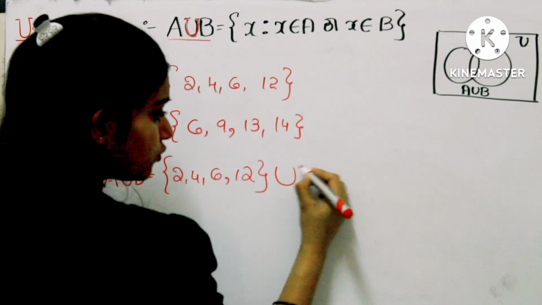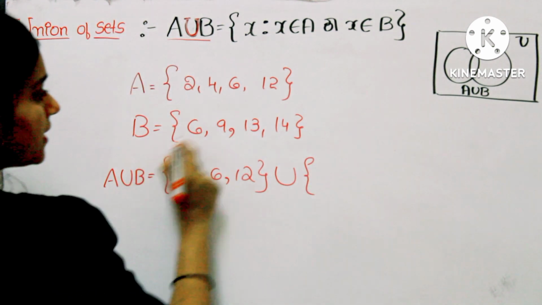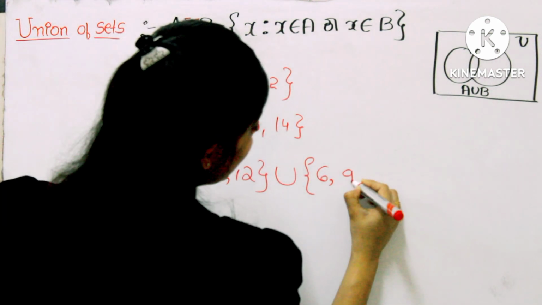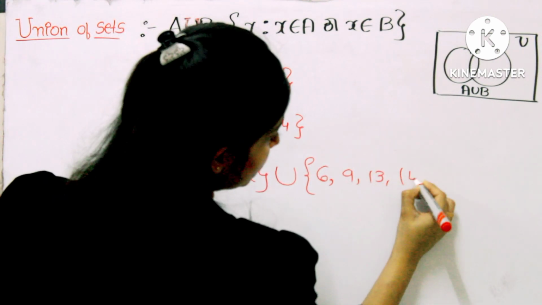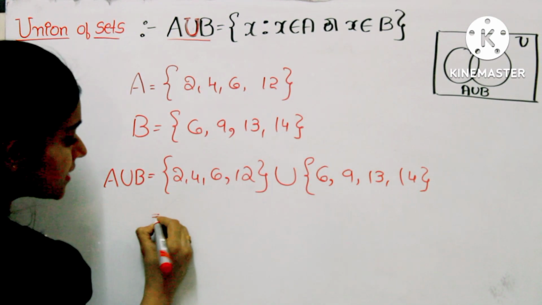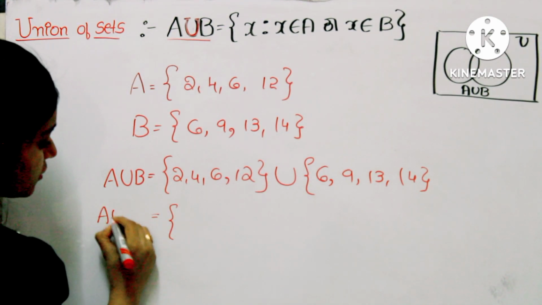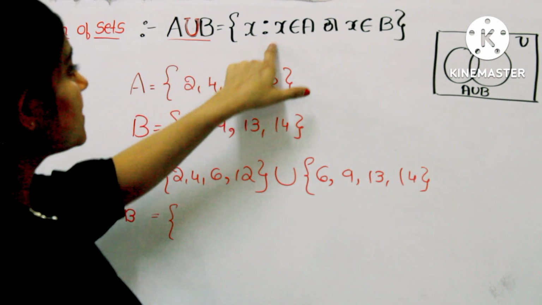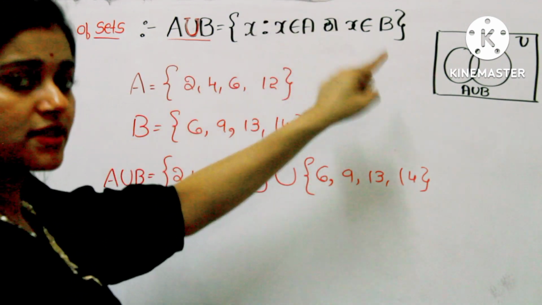Then write union again. And what is B here? 6, 9, 13, 14. So this is A union B. Now what is the answer? A union B is the set of x such that x belongs to A or x belongs to B.